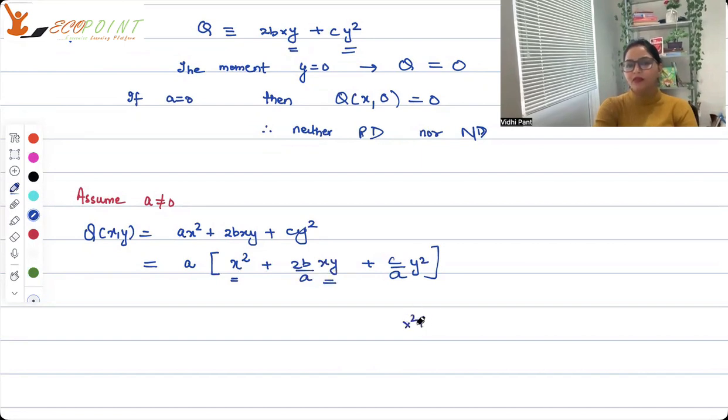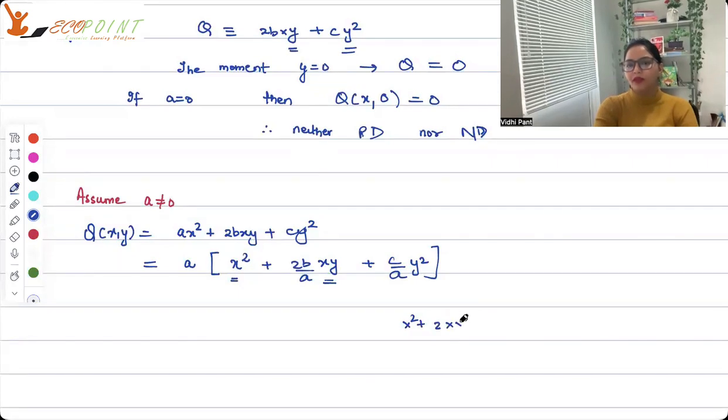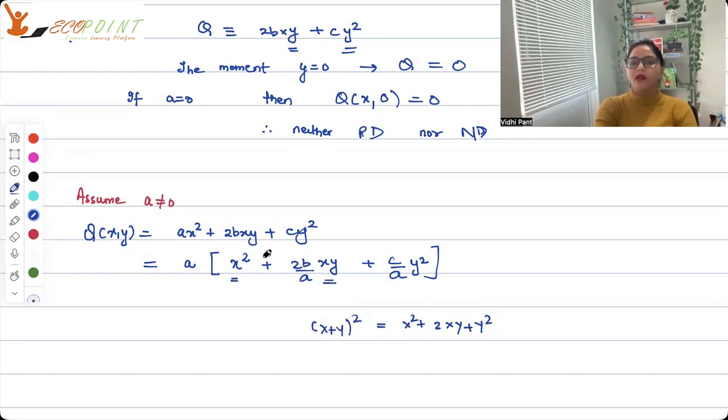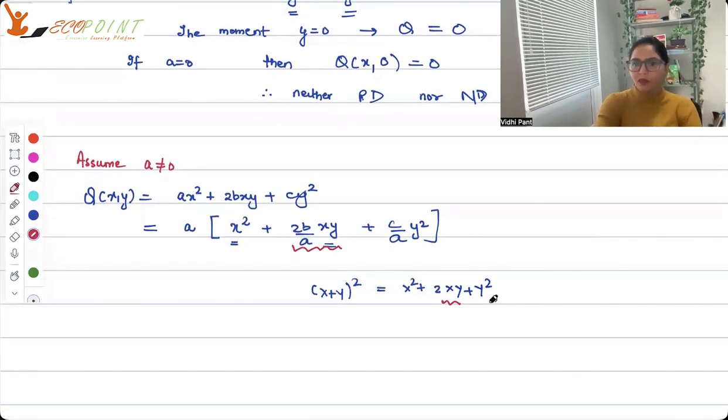I know that x square plus 2xy plus y square gives me x plus y whole square, right? So suppose that your 2xy is this. Then what should your y square be? Then the y term will be, so you will add and subtract that.